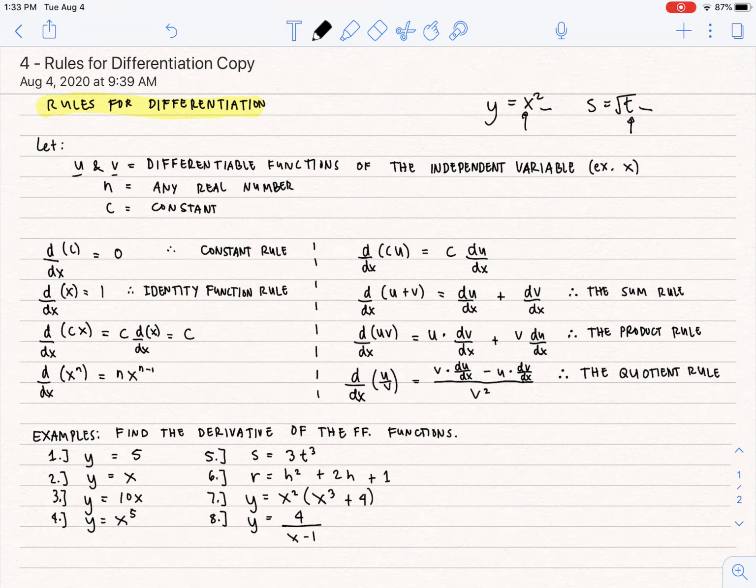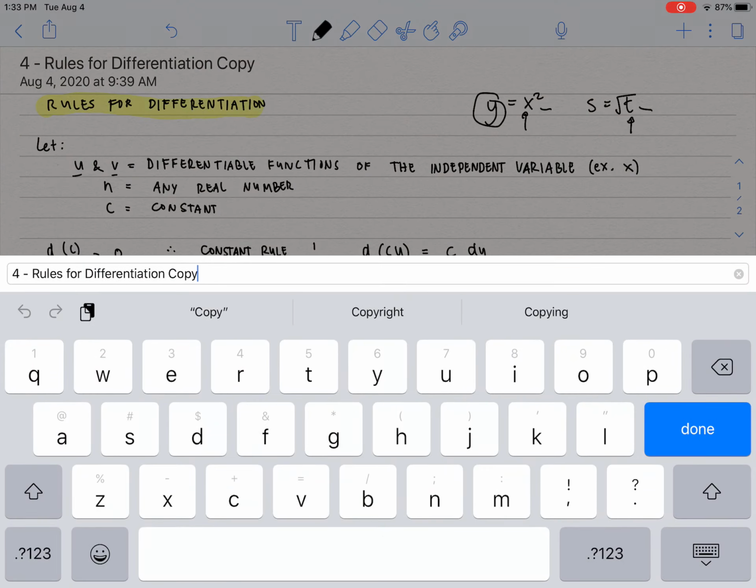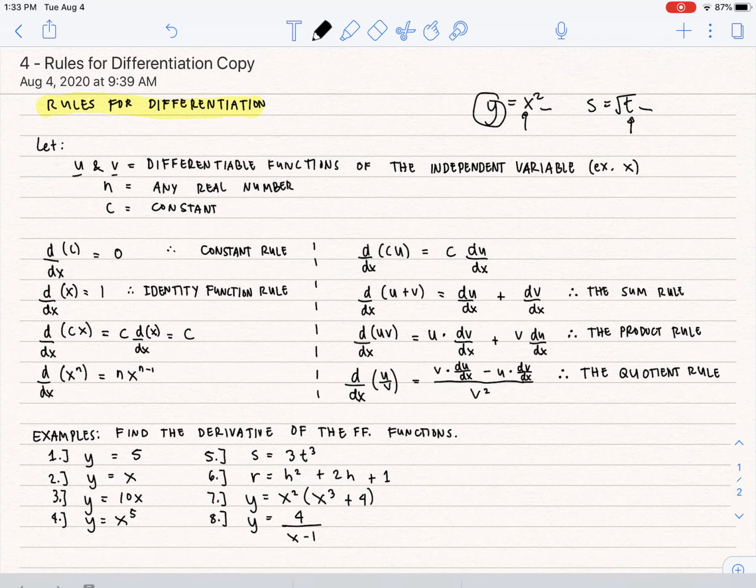So therefore, we can say that we're going to differentiate y with respect to x. Then this one, we're going to differentiate s with respect to t because t here is the independent variable.